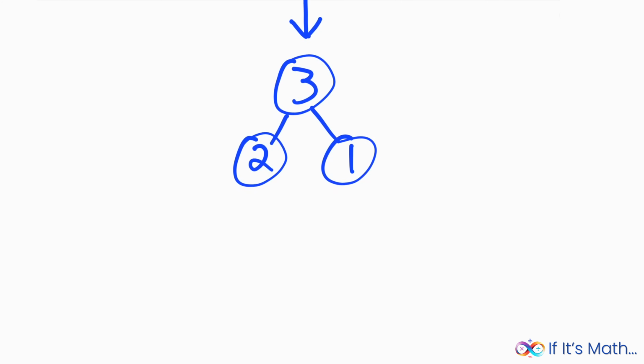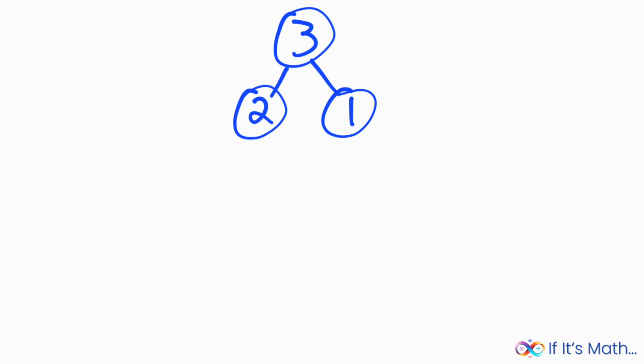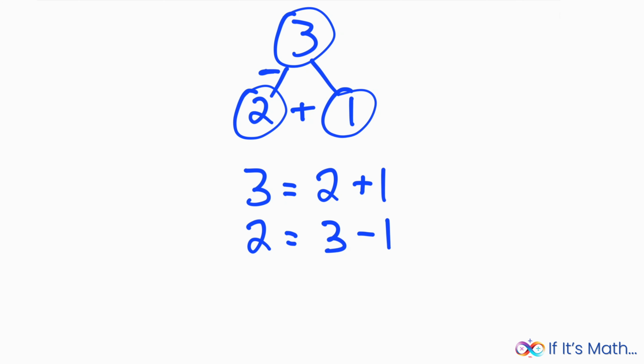So this number bond tells us that 3 equals 2 plus 1, that 2 equals 3 minus 1, and then 1 equals 3 minus 2.